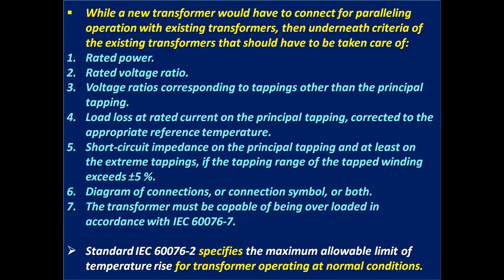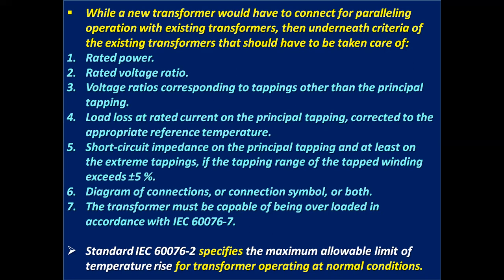load loss at rated current on the principal tapping, corrected to the appropriate reference temperature. Number 5, short circuit impedance on the principal tapping and at least on the extreme tappings if the tapping range of the tapped winding exceeds plus minus 5%.